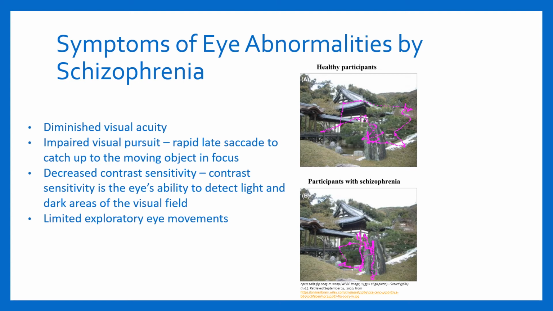The eye could not track the object that was moving, and because it kept slowing down, but the brain orders the eye to keep up to that target, the eye adjusts with the rapid late saccade to catch up to the moving object in focus. So these are some of the eye movement abnormalities that could be very interesting for future research.